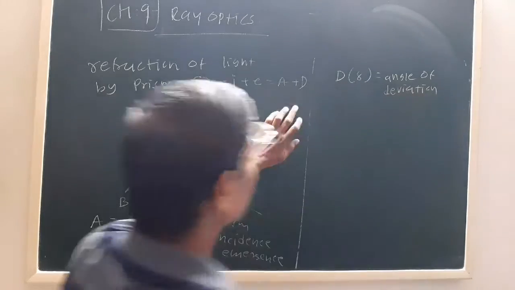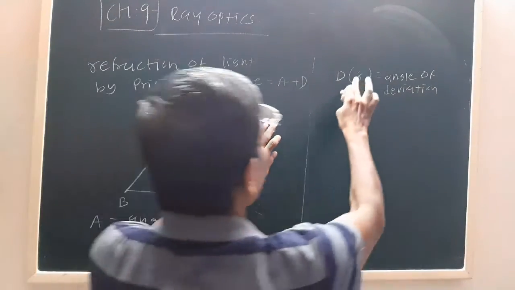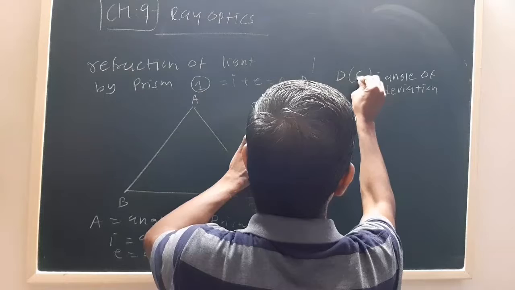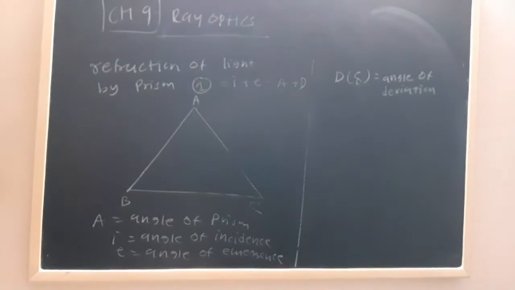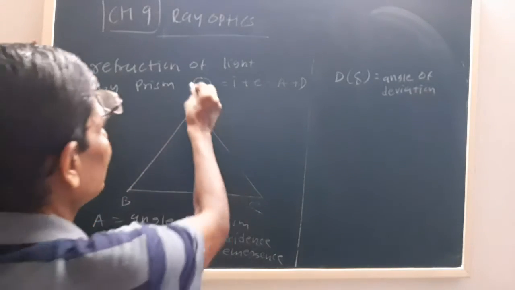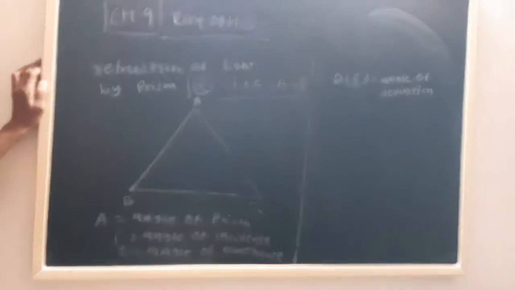So we have to prove I plus E is equal to A plus D, or delta, which is again a Greek symbol that you are familiar with. So first we have to prove that I plus E is equal to A plus delta or D. This can be asked in a 2-mark question.